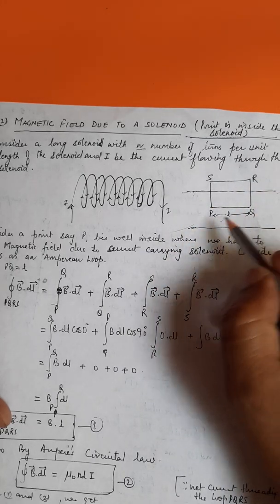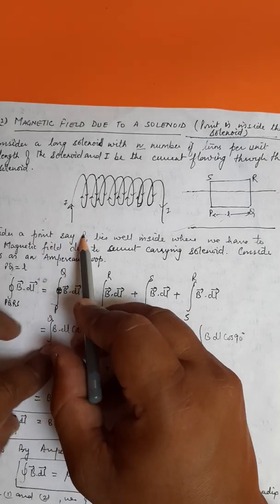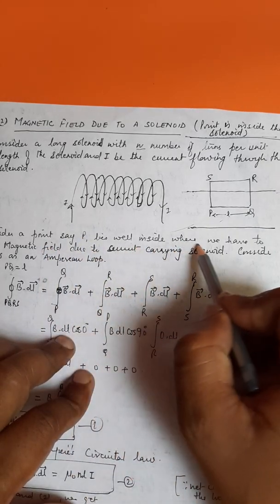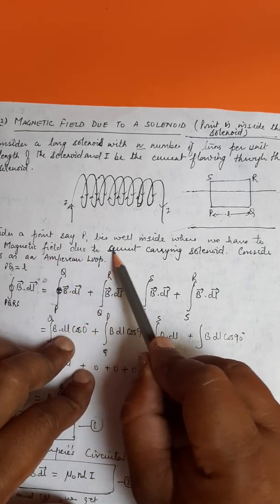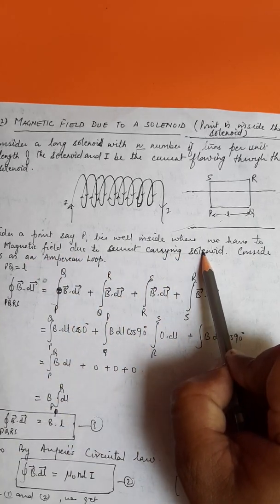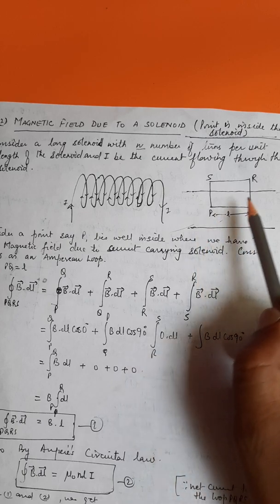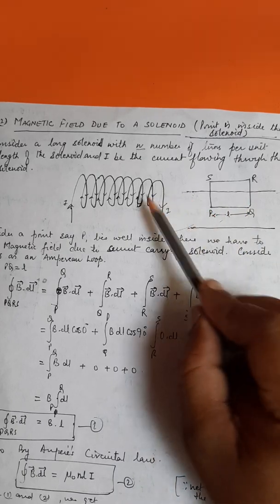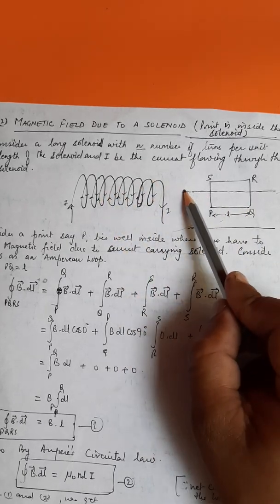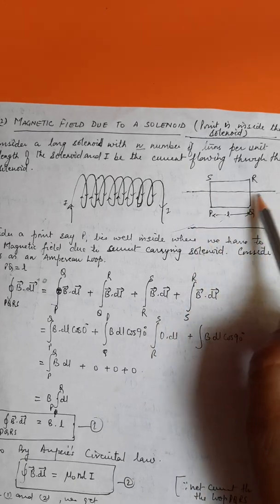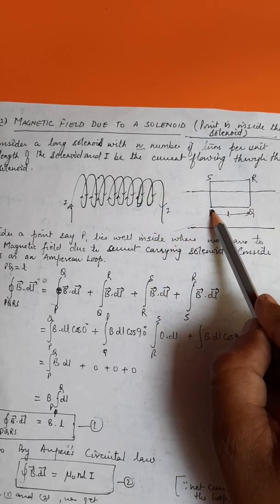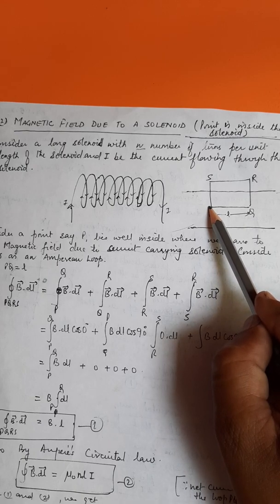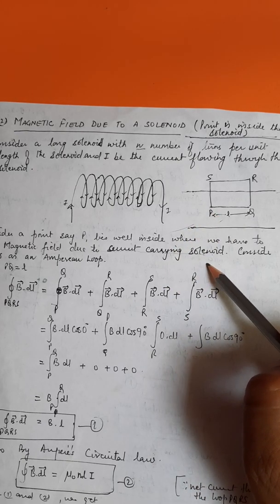Consider a point P lying well inside the solenoid, where we have to find the magnetic field due to the current-carrying solenoid. Here we have taken the simplified diagram.